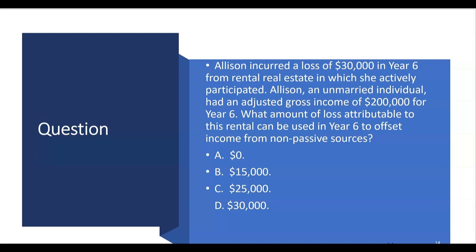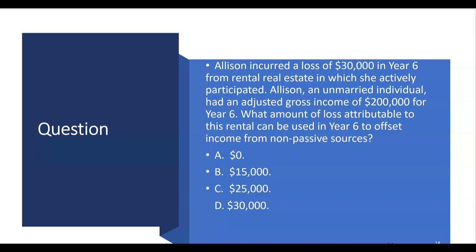Let's try this. Allison incurred a loss of $30,000 in year 6 from rental real estate in which she actively participated. Allison, an unmarried individual, had an adjusted gross income of $200,000 for year 6. What amount of loss attributable to this rental can be used in year 6 to offset income from non-passive sources? So she has a rental loss, maximum $25,000 is deductible, but look at her AGI.